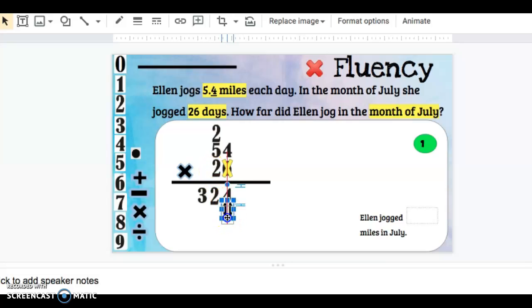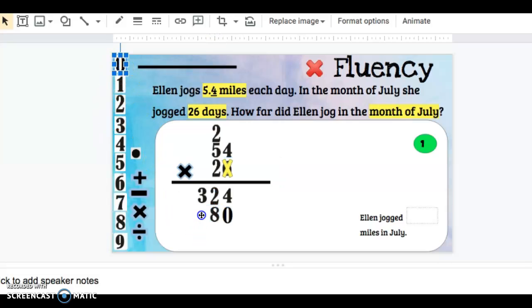Then we begin by multiplying as if it was 54 times 2. So we're doing 2 times 4, which is 8, and then 2 times 5, which is 10.